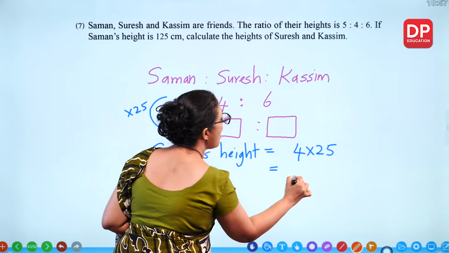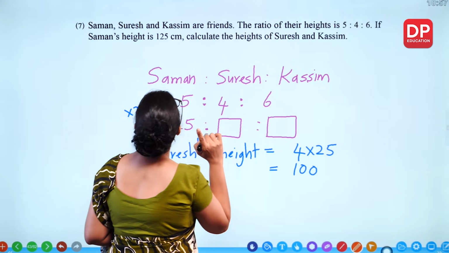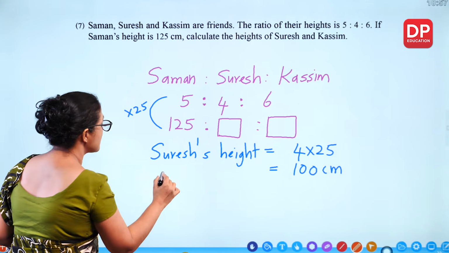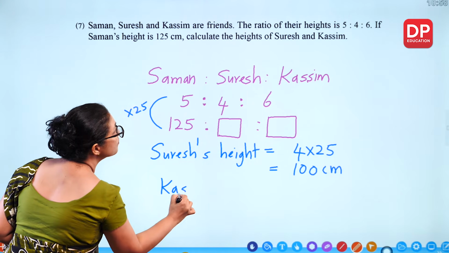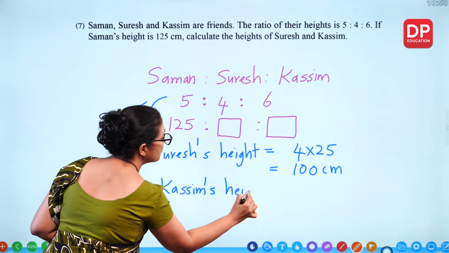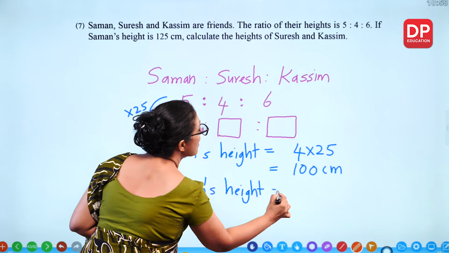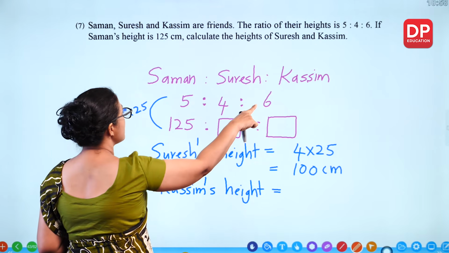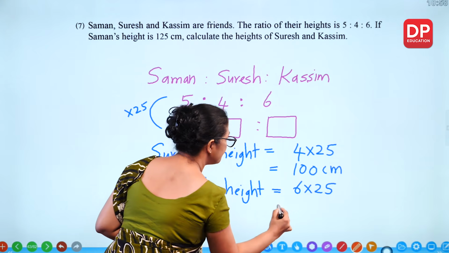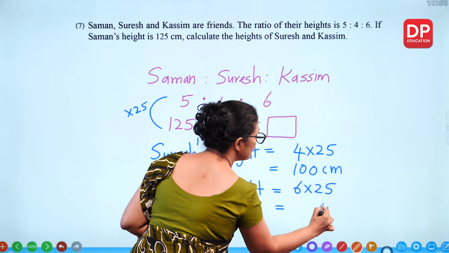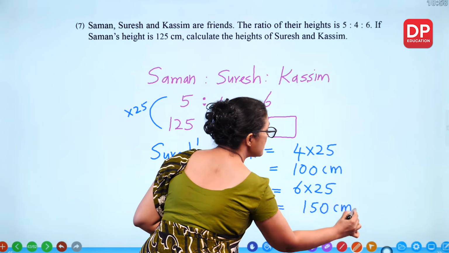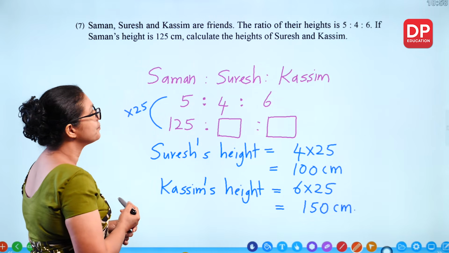That's 100 centimeters. So what's Kasim's height? Kasim's height is 6 into 25, 150 centimeters.